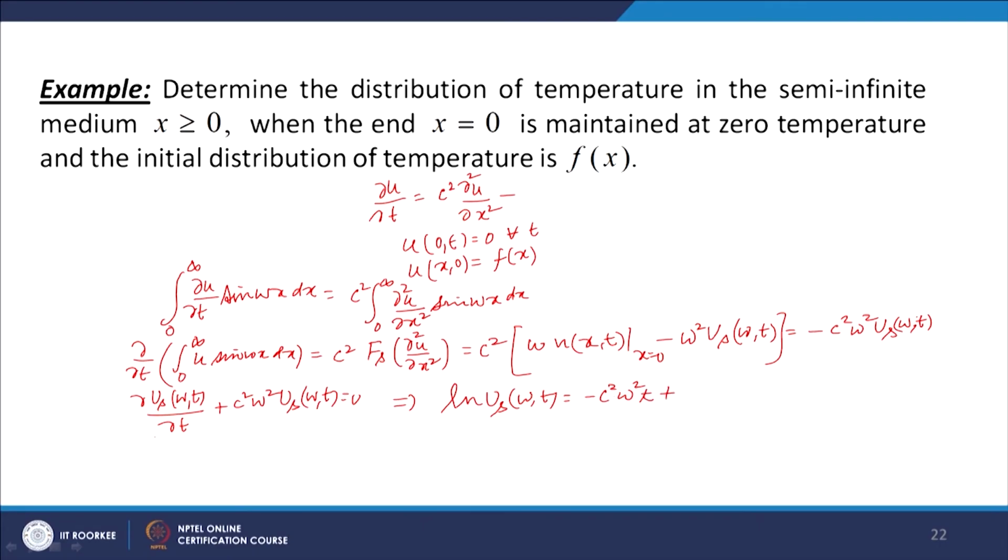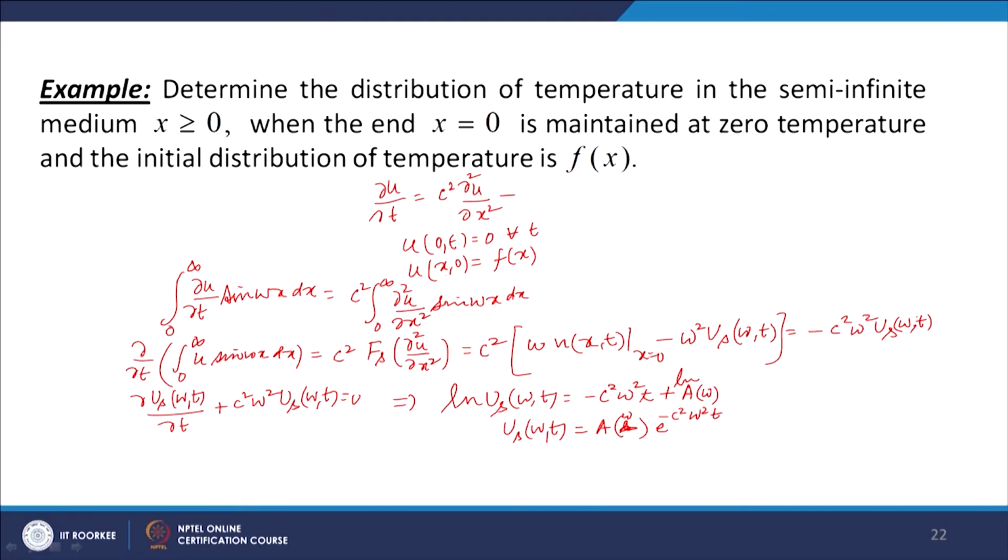Now, because it is a partial derivative, the constant of integration will depend on omega. So, we can call it ln a(omega). Then u_s(omega,t) will be equal to a(omega) into e to the power minus c square omega square t.